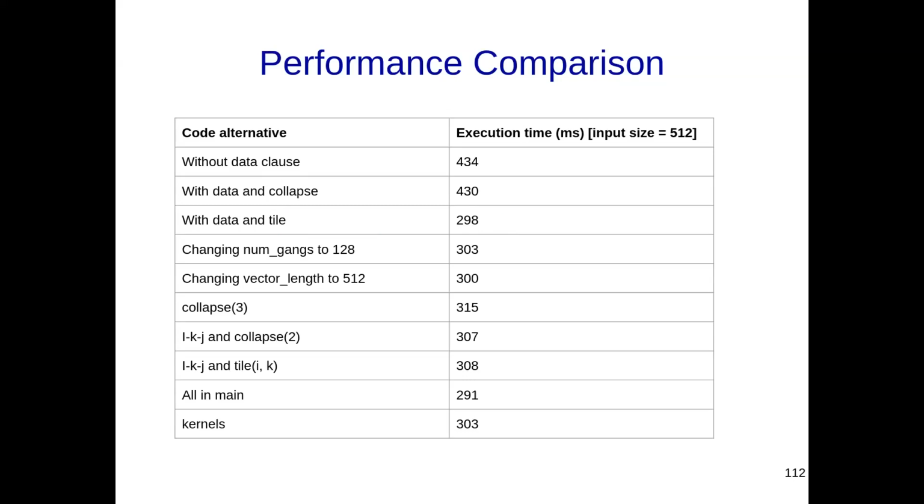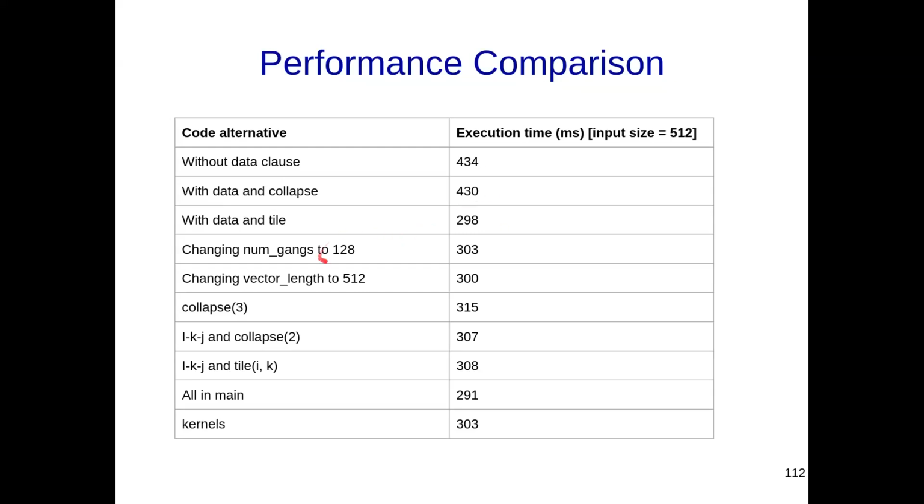Changing the launch configuration of the kernels, for example, num_gangs gets decided by whatever the problem size is, and then there is a default vector length, right? The default vector length turns out to be 128 in my installation of OpenACC, which is likely to be the case in your installation also. But in case it is different, the number of gangs is going to get calculated appropriately.